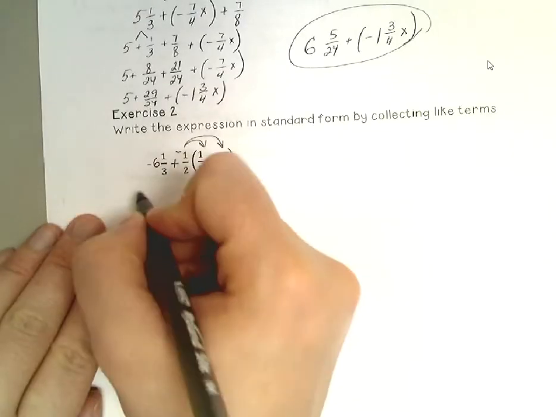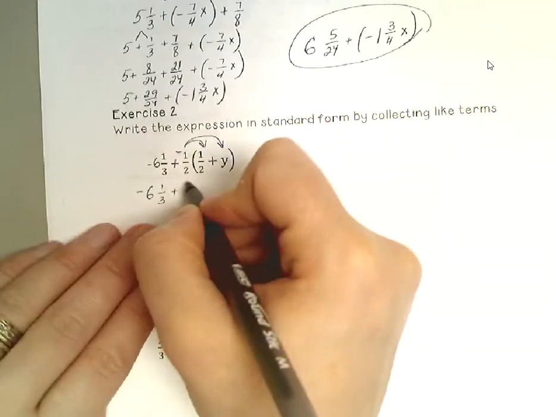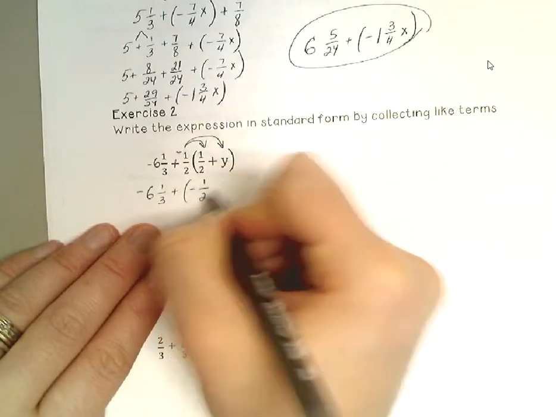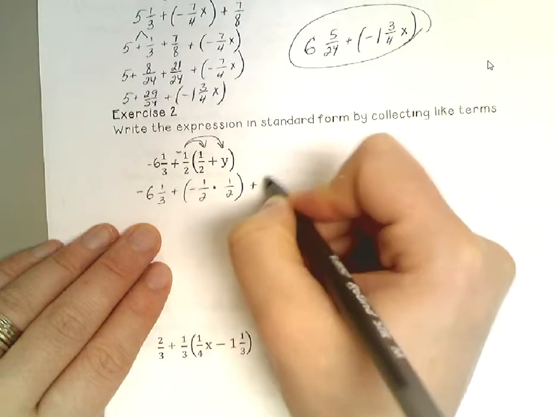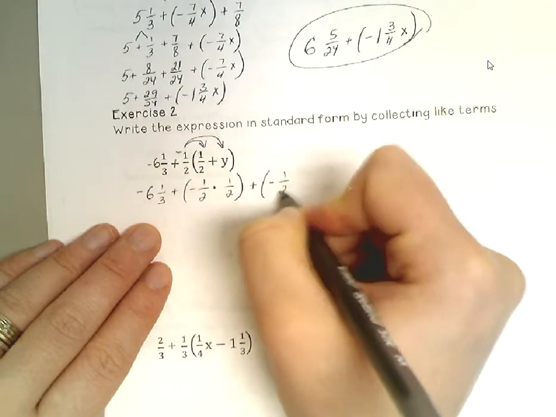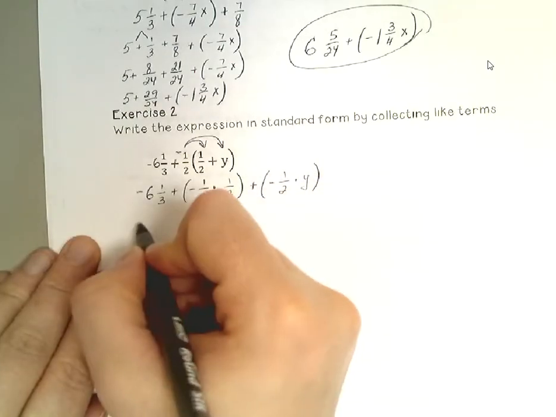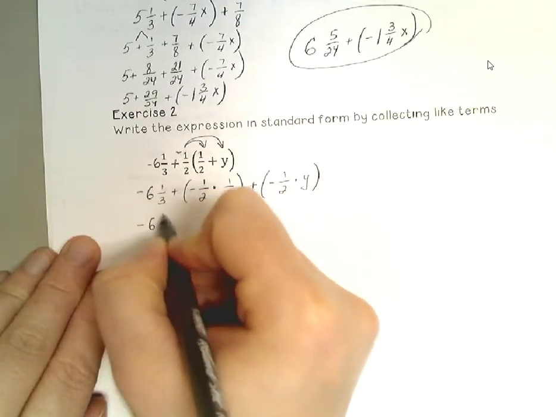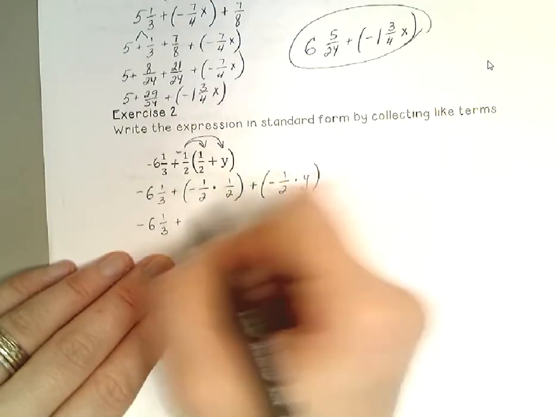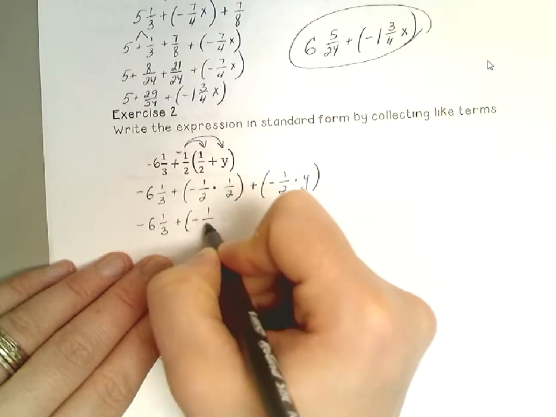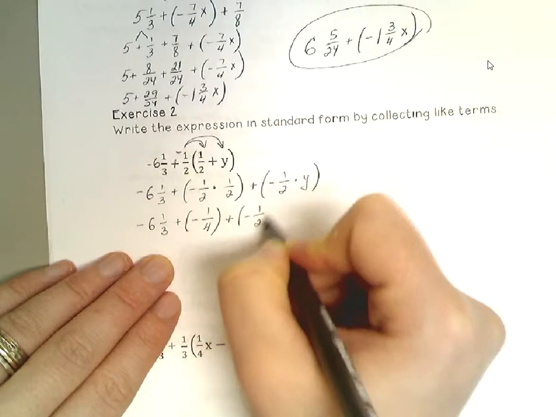So negative 6 and 1/3 plus negative 1/2 times 1/2, and I'm going to add negative 1/2 times y. So I will have negative 6 and 1/3 plus negative 1/2 times 1/2 is negative 1/4, plus negative 1/2 y.